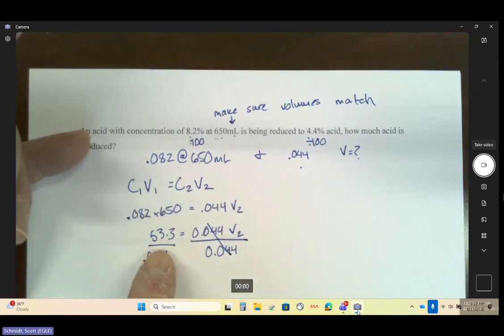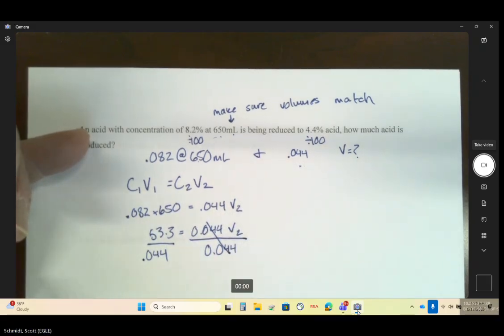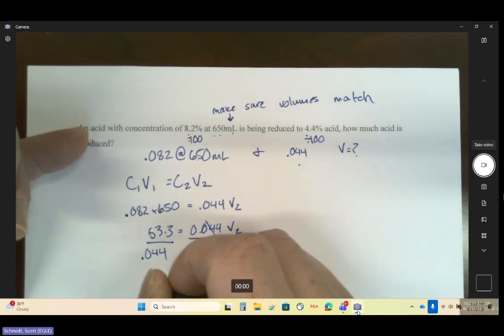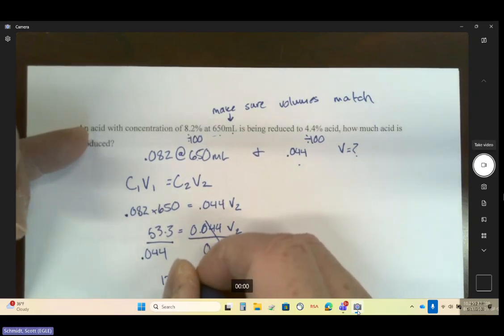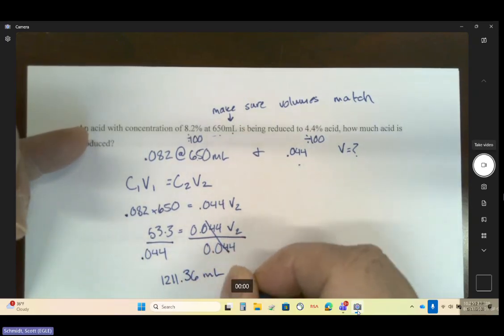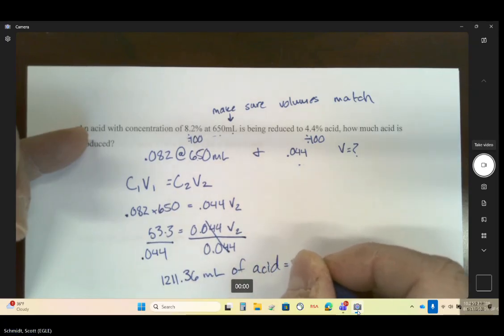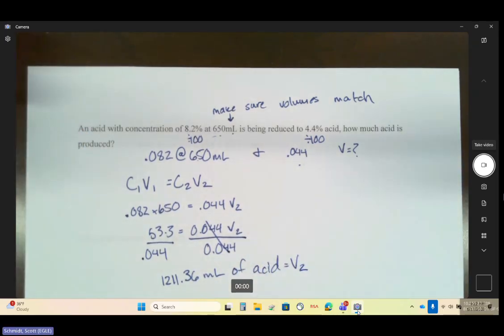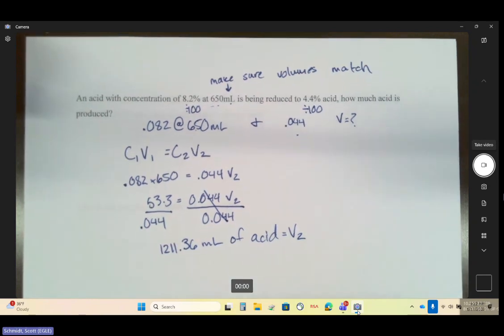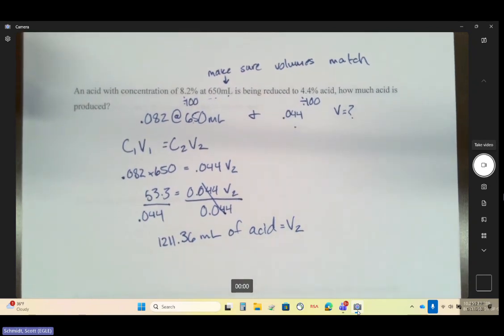So I do the 53.3 divided by the 0.044, and it will give you how many milliliters on the other side. So this is going to produce 1,211.36 milliliters of acid. So when we dilute it down to the 4.4%, you're going to end up with 1,211.36 milliliters, almost doubling it. Okay.